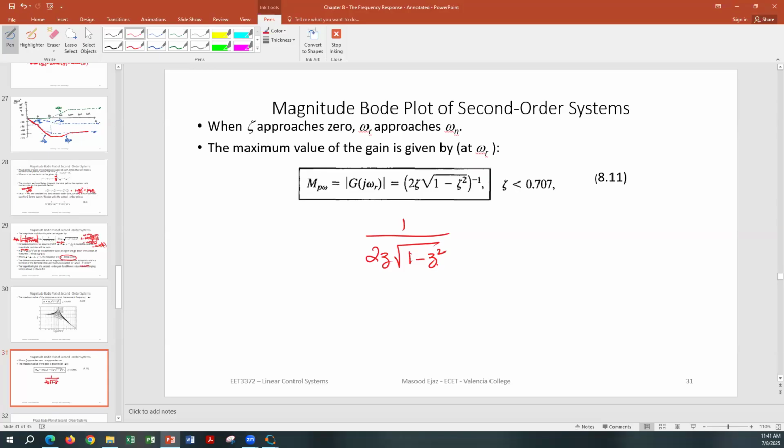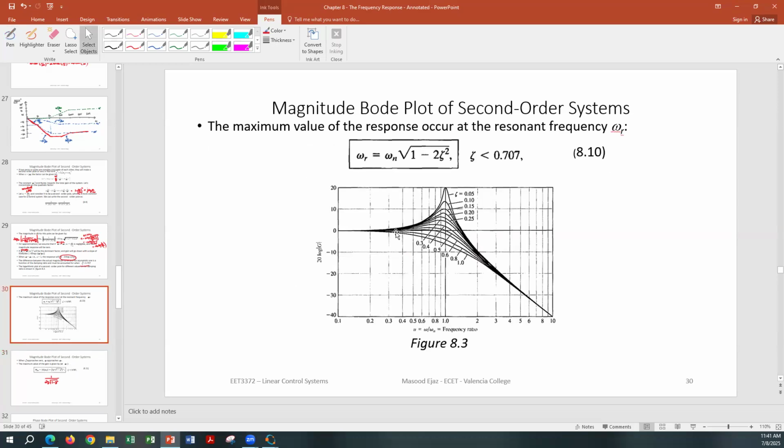So you calculate omega r, calculate the peak value, put a point over there, and then just connect to that point. It's not difficult. You just need 3 points: 1 point at 0, which is 0.1 omega n, then at 10 omega n it's going to be negative 40 decibel, and then find omega r and calculate the peak value, and just approximately connect this.